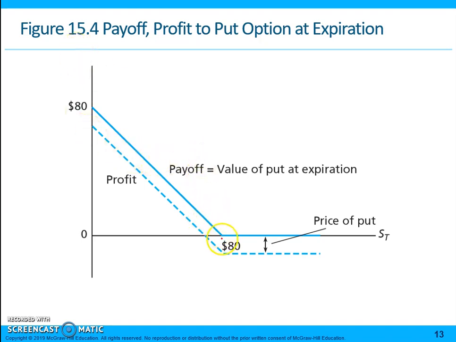In this case, we have that same strike, and they don't give us the option premium, but the solid blue line is the payoff. If the stock price is below $80, that put is in the money. The break-even point is right here. Whatever amount this would be, it's not shown, but that would be the premium.